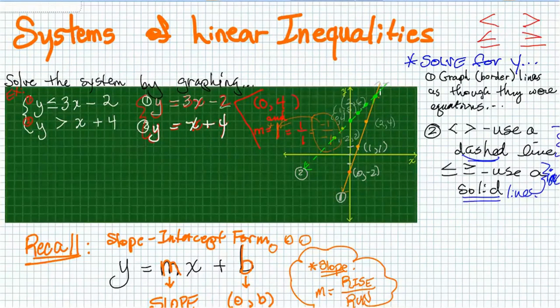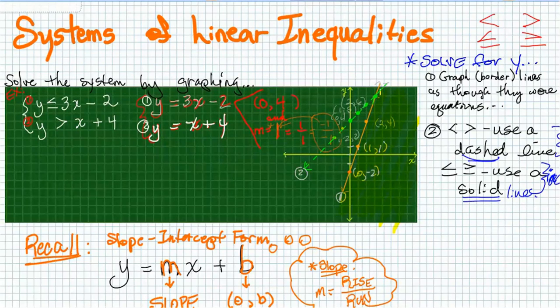For example, for equation 1, it says that y is going to be less than that value. In other words, the y values that are below that line. So I'm going to shade everything below line 1. Let me get a highlighter.